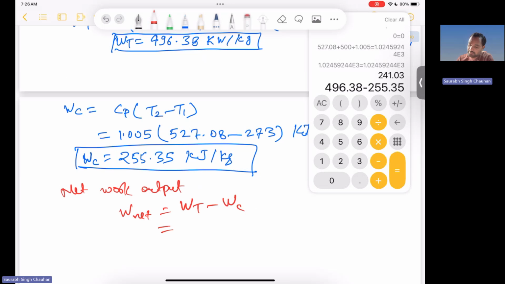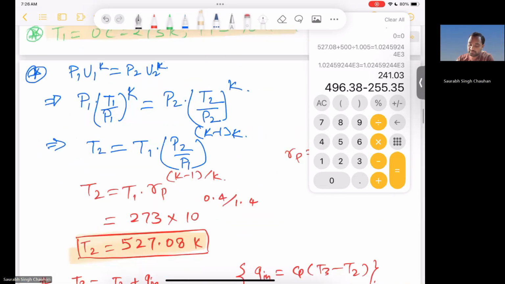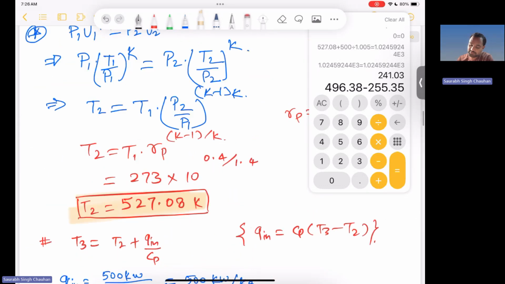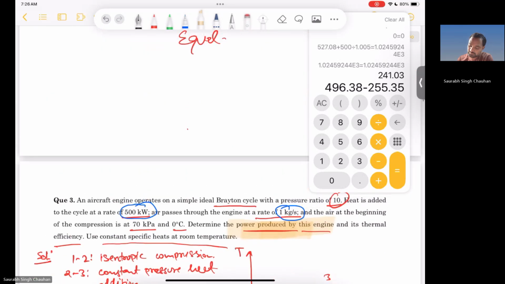It is coming out to be 241.03. So this is the net work output. So this is the answer. What else we need to find? Power produced by this engine. So this is power produced.